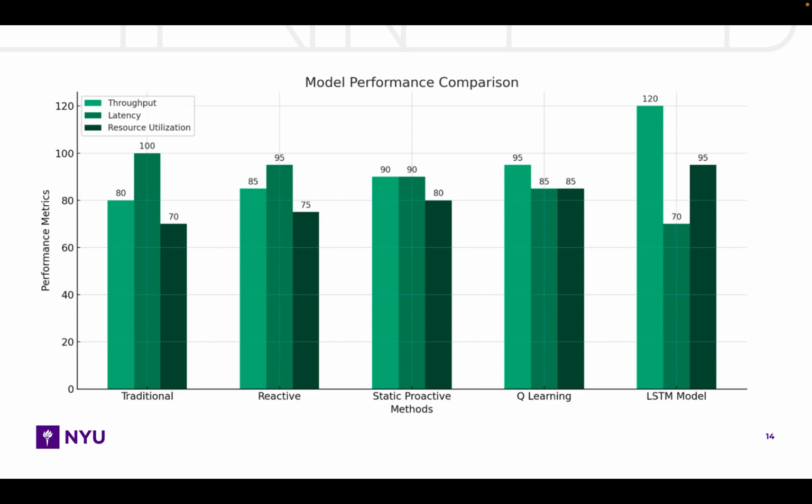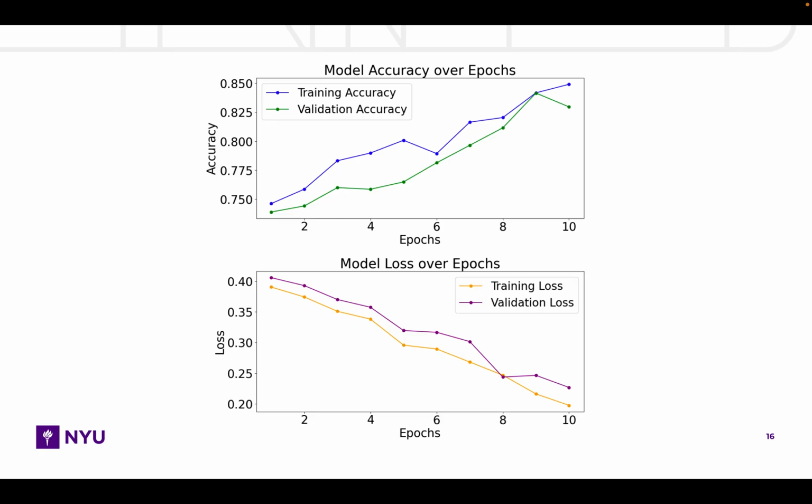Further analysis of the model performance revealed its strengths in different operational conditions. The accuracy and loss metrics over various epochs during the training phase indicated successful learning and generalization capabilities. This validated our hypothesis for the effectiveness of LSTM in resource allocation.